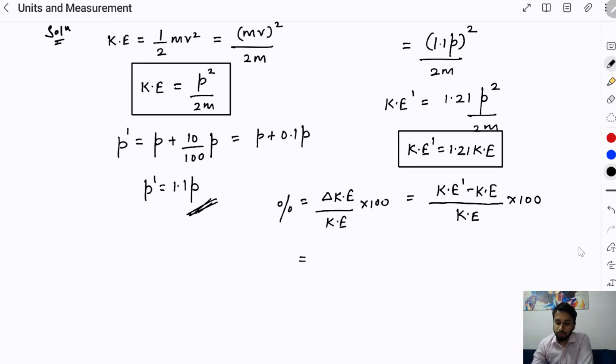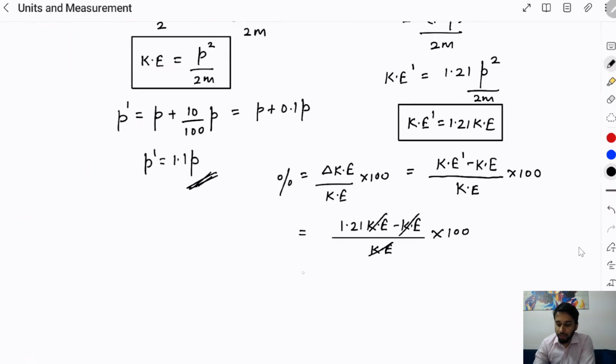It will save us a few lines, you can say. So this will become 1.21 times KE minus KE by KE into 100. Okay, so KE will get cancelled.